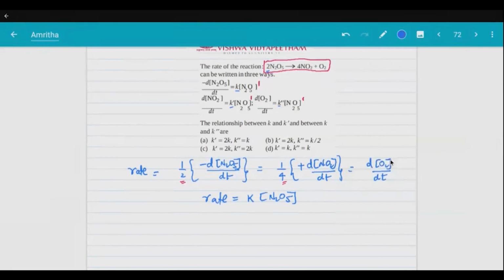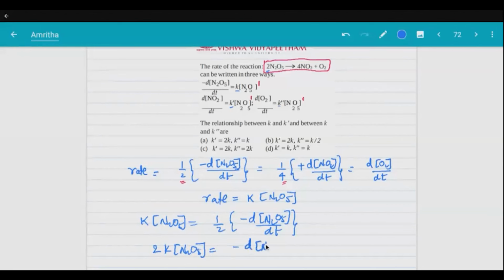So look at this, how we solve this. I'll write like this. K into N2O5 is equal to 1 by 2 minus dN2O5 by dt. But what they're asking is only this, right? So this is 2K. 2K N2O5 is equal to minus dN2O5 by dt.